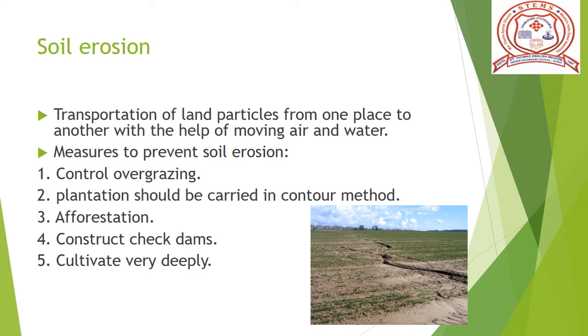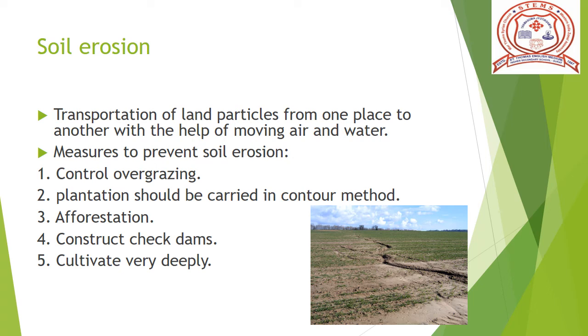So soil erosion is the transportation of land particles from one place to another with the help of moving air and water. There are two factors for soil erosion, natural factors and man-made factors. There are three types of soil erosion: gully erosion, sheet erosion, and wind erosion.